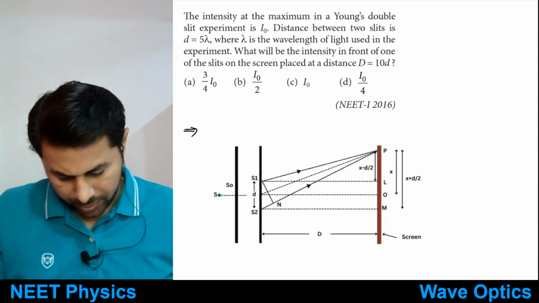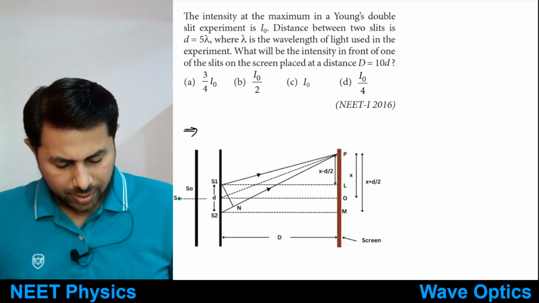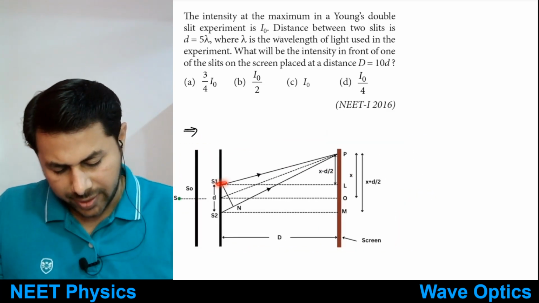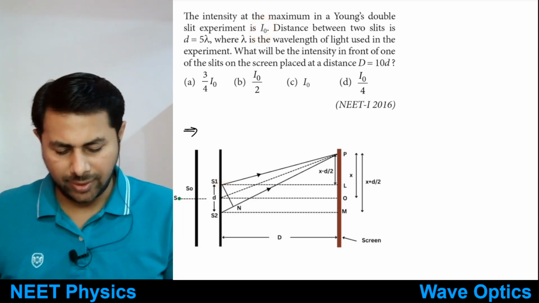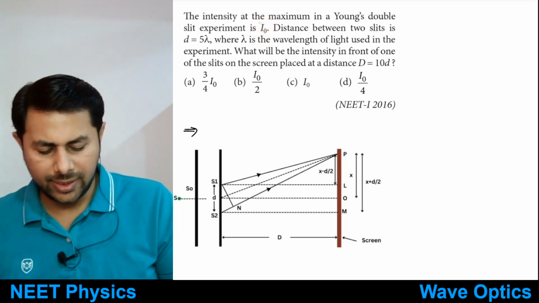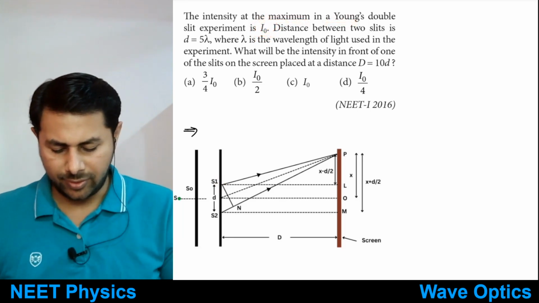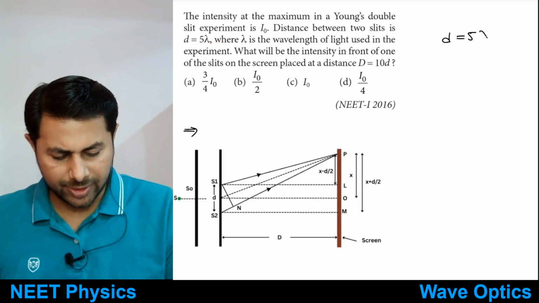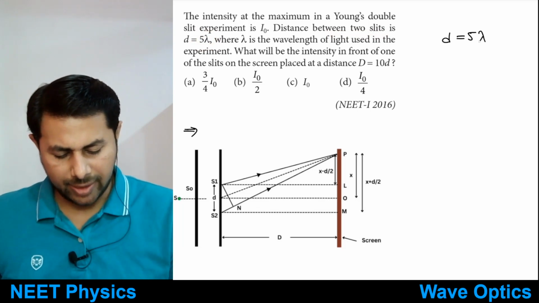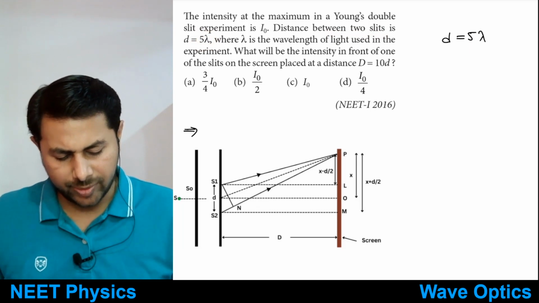Okay, so see here, the question is like this. Suppose intensity at the maxima is I naught, right? Then distance between two slits d is equal to 5 times lambda, where lambda is the wavelength. And then what would be the intensity in front of one of the slits?